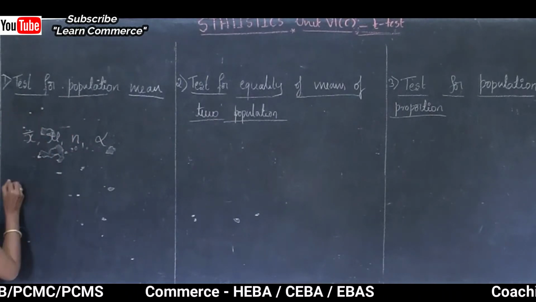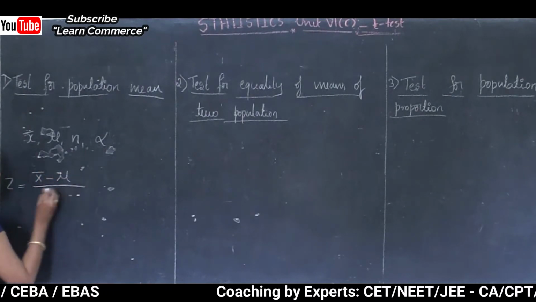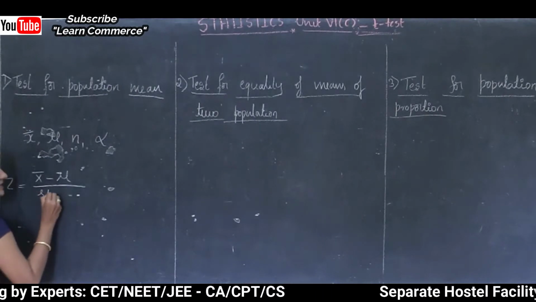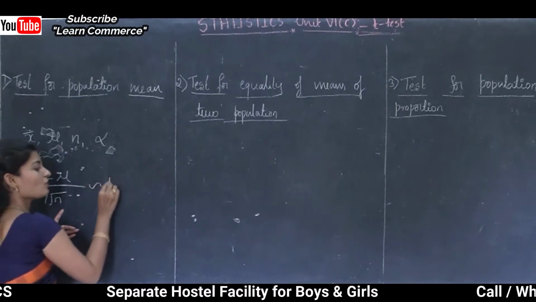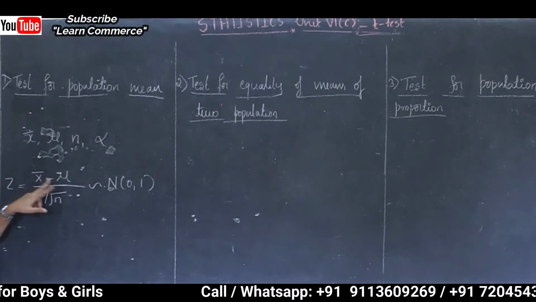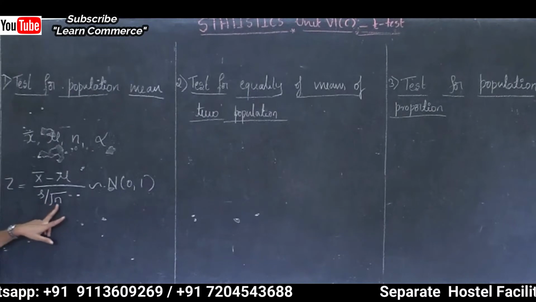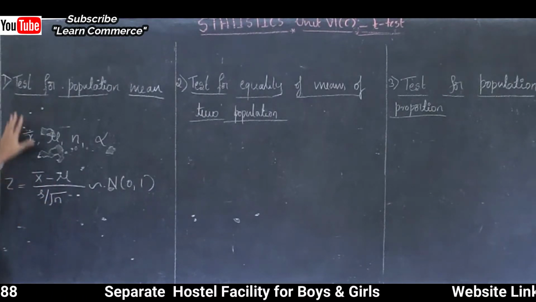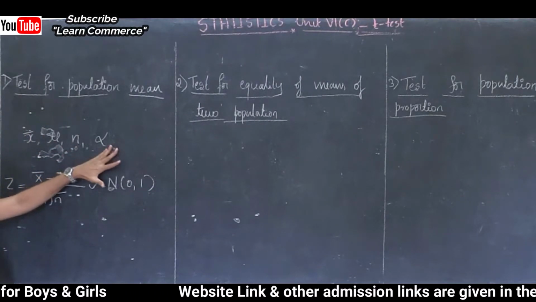Then the formula is z is equal to x bar minus mu divided by s divided by square root of n, which follows normal 0, 1. Here x bar is sample mean, mu is hypothetical mean, s is standard deviation, and small letter n is number of observations. So in test for population mean, x bar, mu, n and alpha observations are given in the problem.